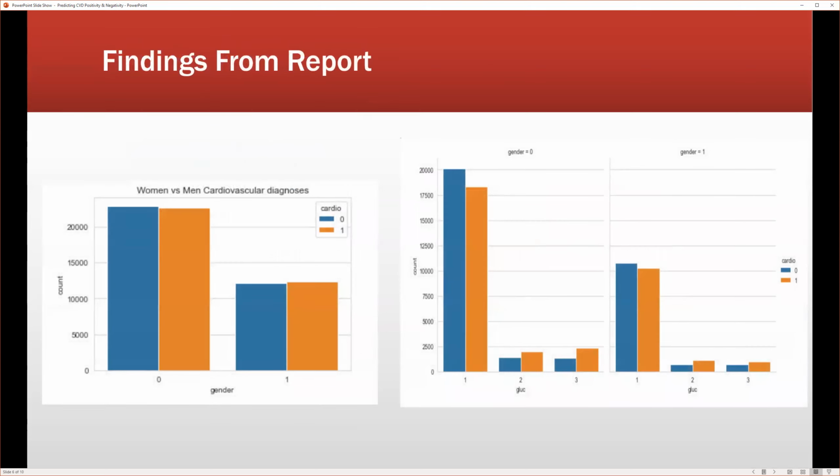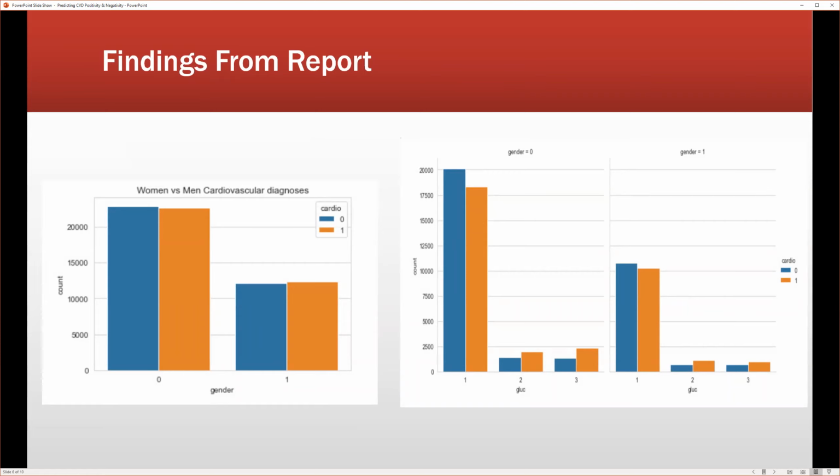All right. So now we have some findings from the report. Several visualizations were run regarding this. The first one that we'll talk about is women versus men for the actual diagnosis of cardiovascular disease. We can see here 0 is represented for women and 1 is represented for men.